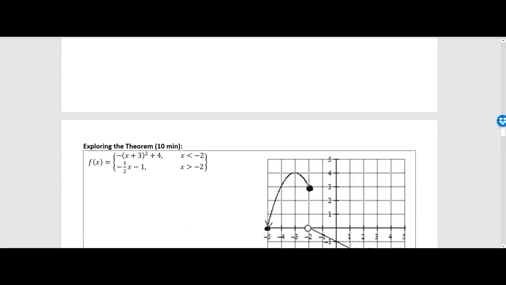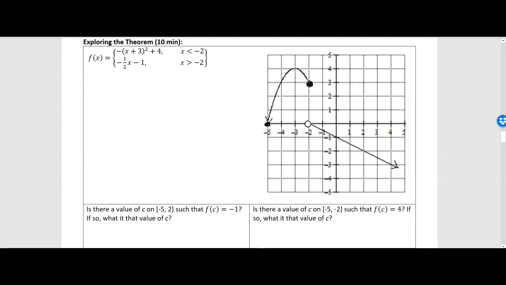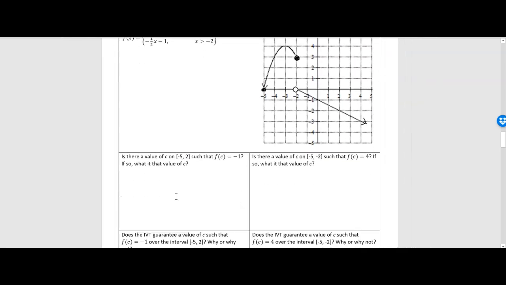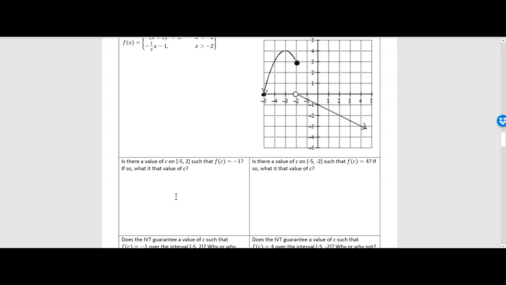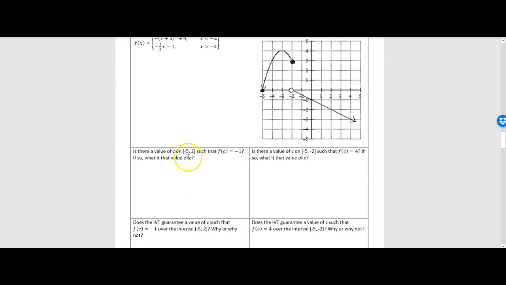So again, I'm just trying to space these problems out in the video so we have plenty of room. Okay, so we have a piecewise function here, f of x, which is graphed below, and we have 4 questions that we are going to work through.